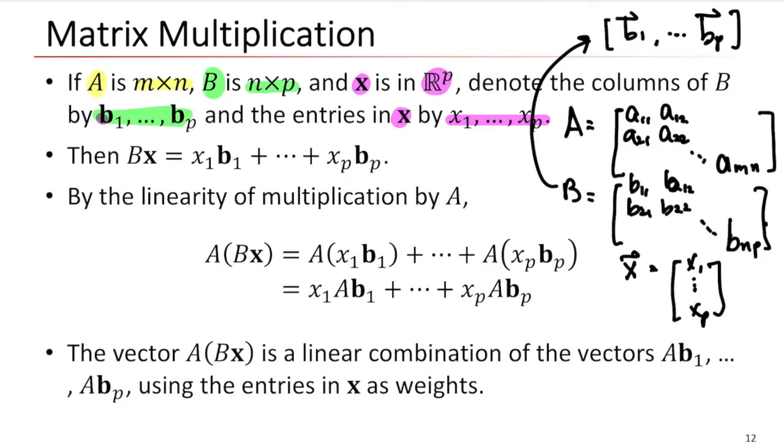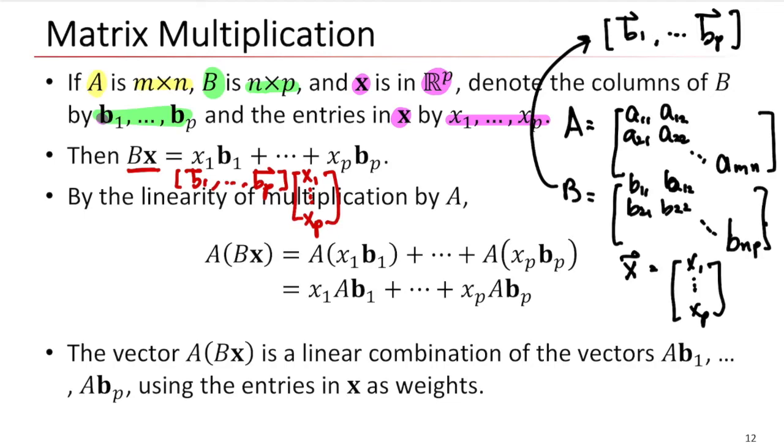What is the matrix B times vector x? We already know that a matrix times a vector can be represented as a linear combination of the column vectors in matrix B with the weights being the entries in vector x.